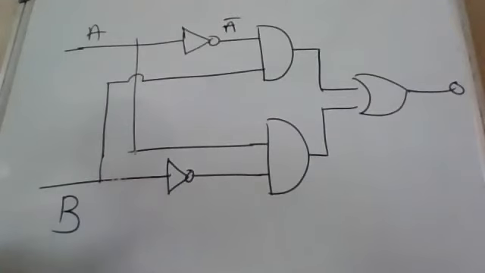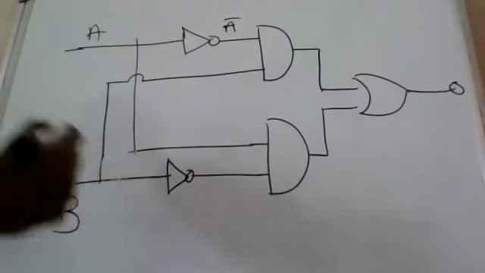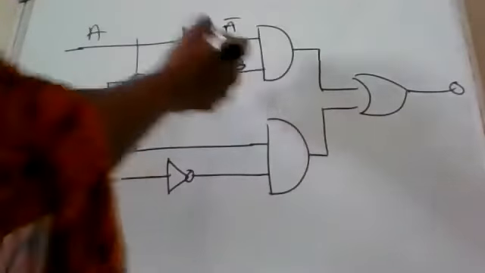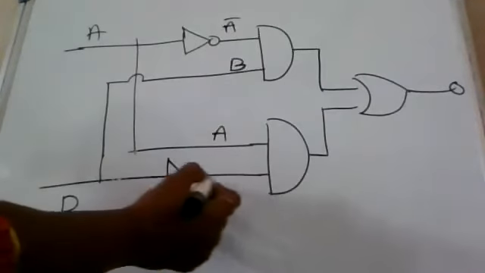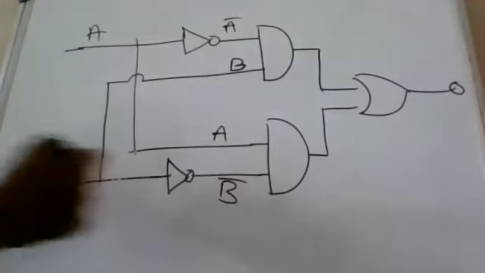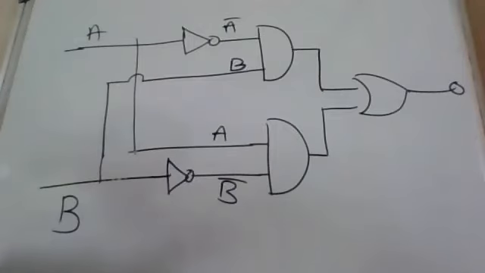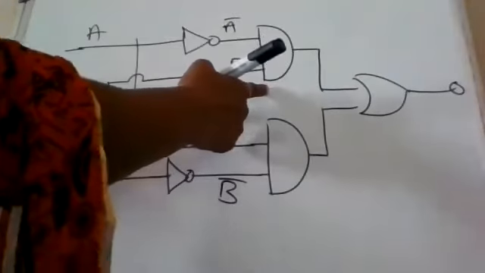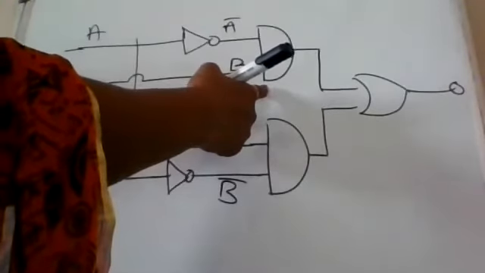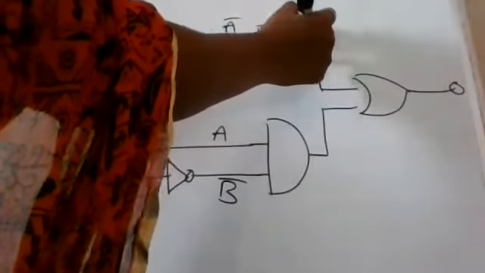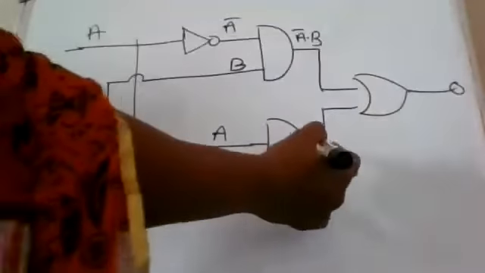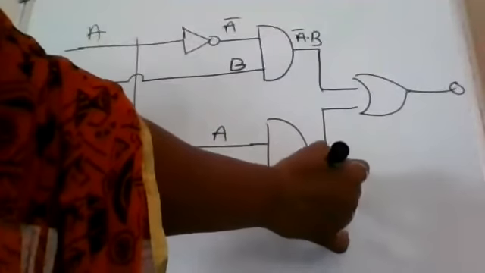Output is A complement. This is B. Here B connected to NOT gate, B complement. So this is the AND gate. In AND gate, output is A dot B. Here A complement dot B. Here what is the output? A dot B complement.